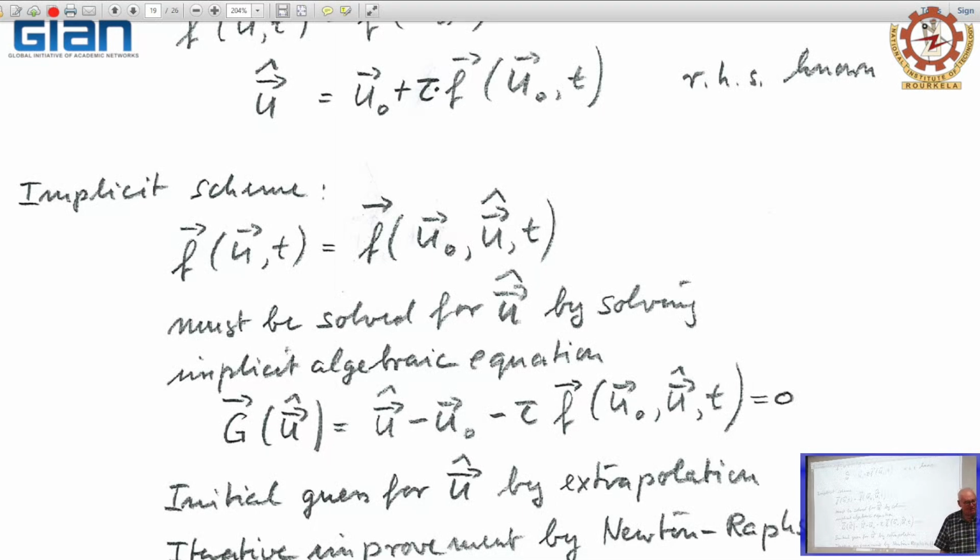This is the case for the system we have found here, because for the right-hand side, for instance, GM over r squared is not given by GM over r squared, where r denotes only the value of the radius at the old time step, but is given by GM over r times r hat. So it also involves the value of the position r at the new time step. So this is actually an implicit equation. We have to solve an implicit equation for the value, for instance, of r hat at the new time step.